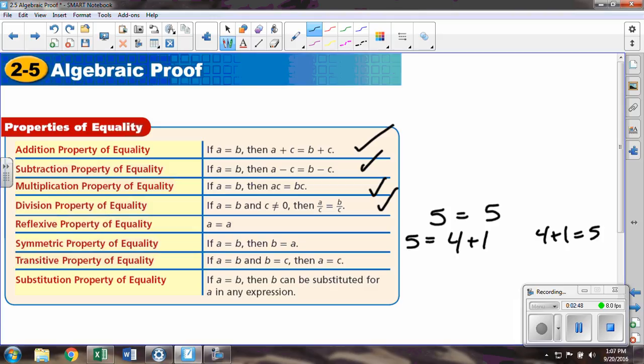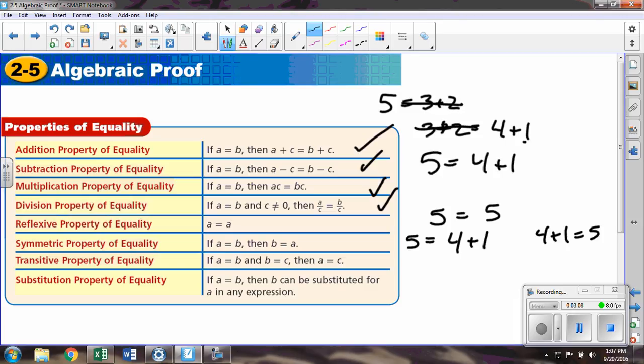If you flip any inequality, that doesn't work. The transitive property is used for something like 5 is equal to 3 plus 2, and 3 plus 2 is equal to 4 plus 1. And so we can chain through it to reach the conclusion 5 is equal to 4 plus 1.